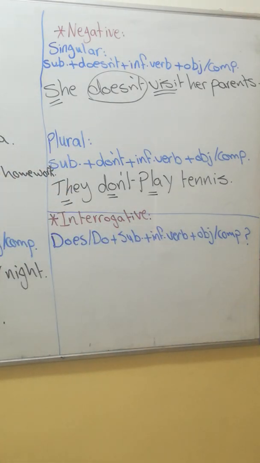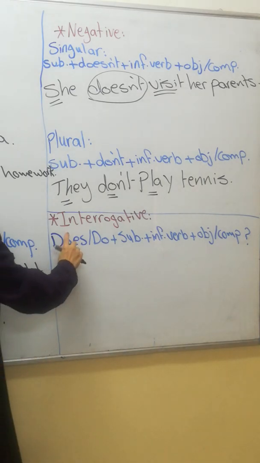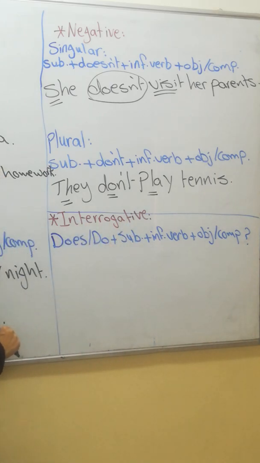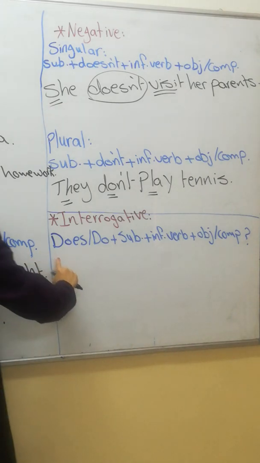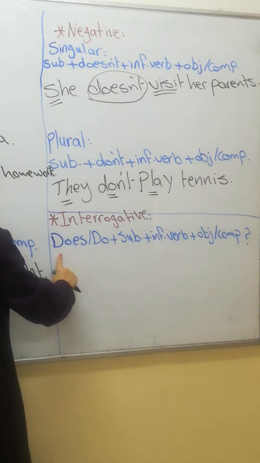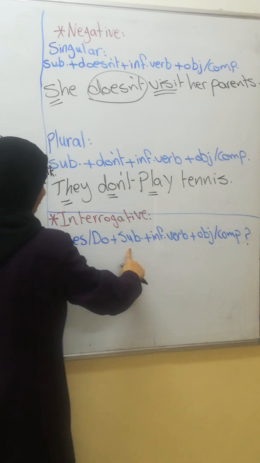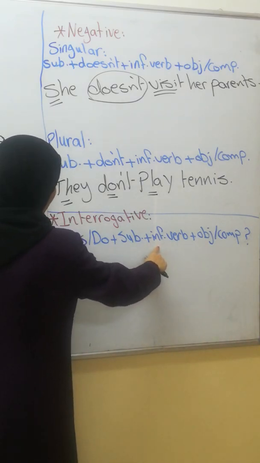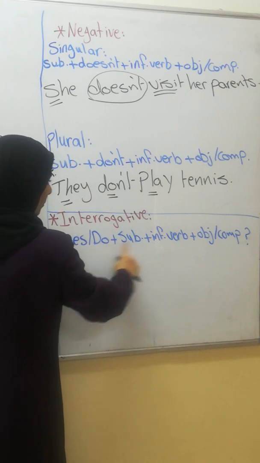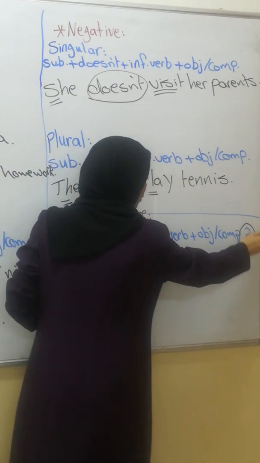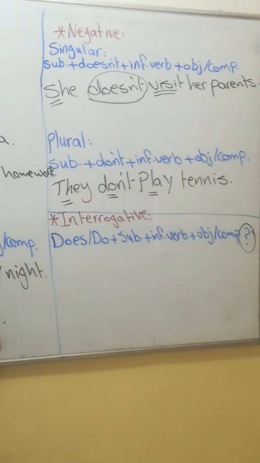The last case that we are going to cover now for the simple present is how do we use the simple present in the case of interrogative, how to make questions using the singular and the plural simple present. The main structure is going to start with does for the singular subject, do for the plural subject, then we have the subject, infinitive verb because we use does and do, then we have object, complement, and we have to pay attention to add the question mark at the end of the sentence.